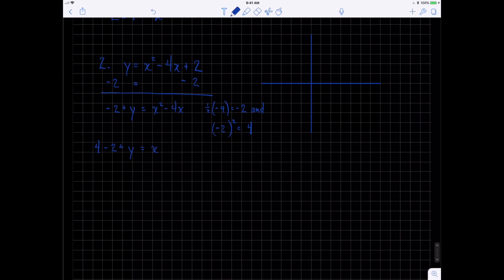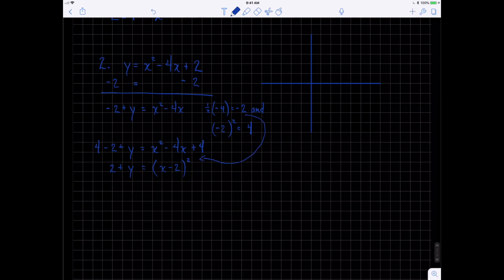x squared minus 4x plus 4. I'm going quick here, but because we've practiced this, let's try it. 4 minus 2, that's 2, plus y equals, our perfect square is going to be x minus 2 squared. I'm using the negative 2 from up above.